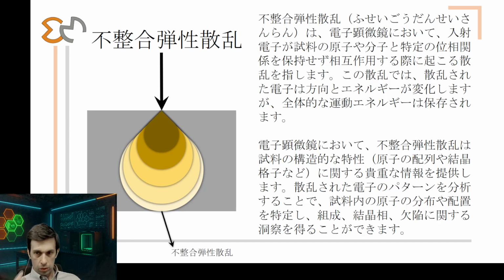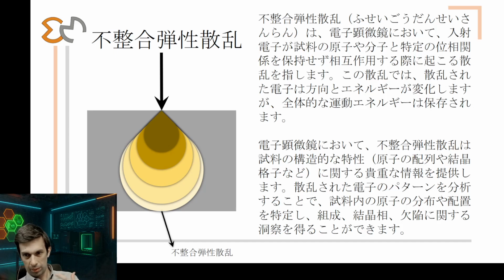Then we have the incoherent elastic scattering. In this case, the electrons interact with the atoms and molecules without maintaining a specific relationship. Scattering electrons undergo changes in direction, changes in energy, but they preserve the overall kinetic energy.